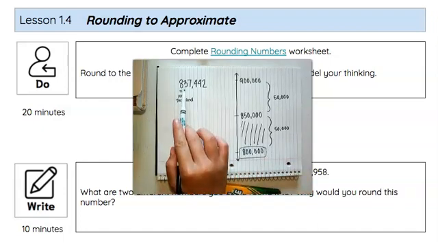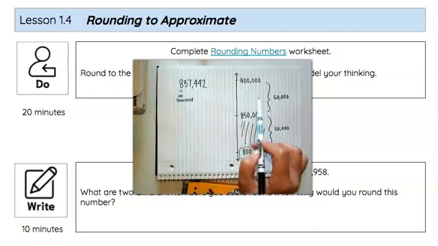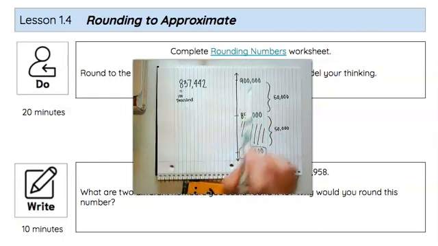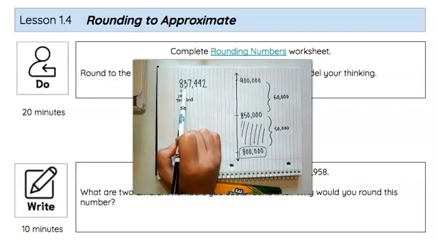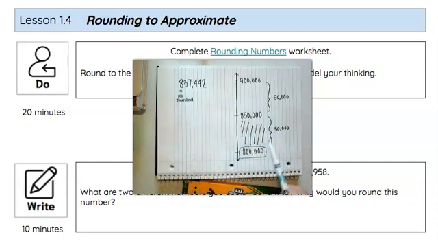If this number was greater and it fell into this half, I would round it up to 900,000. This method of proving on the number line is why you often look at the number next to the number that you're rounding to. This is just a way to explain your thinking a little bit more.